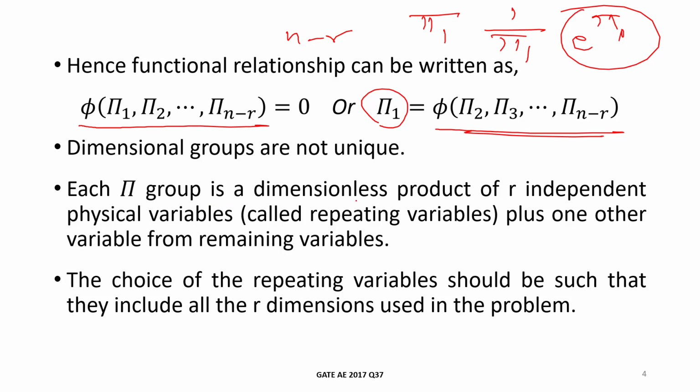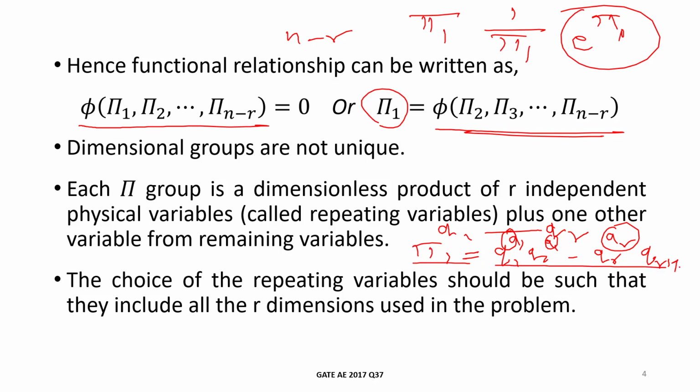Each pi group is a dimensionless product of repeating variables plus one other variable from the remaining variables. Let's say q1 to qr are repeating variables. So the pi term can be written as q1 to the power a1, q2 to the power a2, up to qr to the power ar, into q(r+1), where a1, a2 to ar can be found based on the dimensionless product of all these quantities.